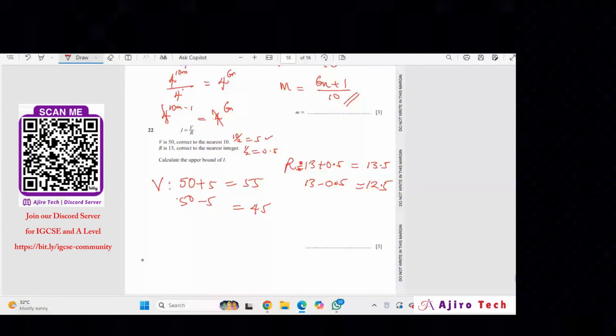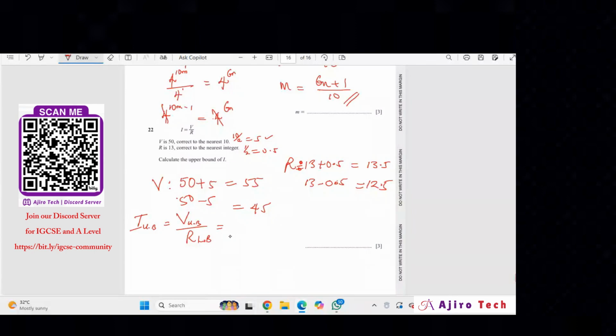So what does it say? It says upper bound I. So that is upper bound UB. Now for the upper bound, I think we use the formula which is V upper bound all over R lower bound.